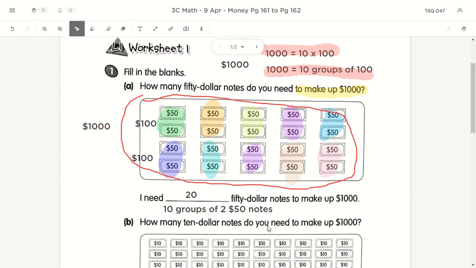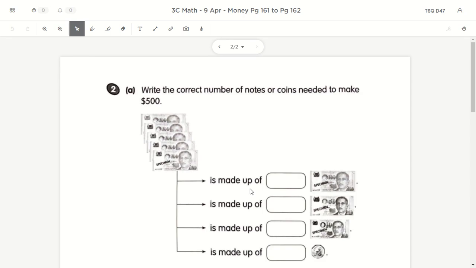So just to say again, 10 groups of two $50 notes equals 20 $50 notes. Alright, so this is 1A. Let's try 1B. No, sorry, you will do 1B. I will demonstrate 2A to you.